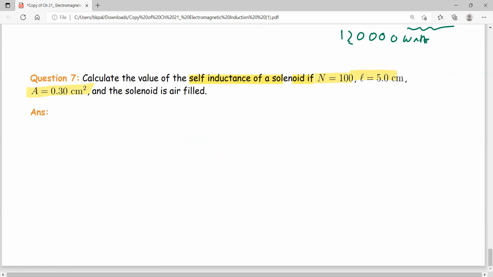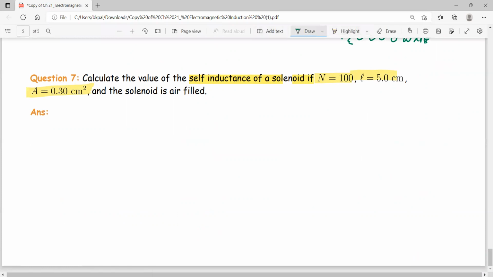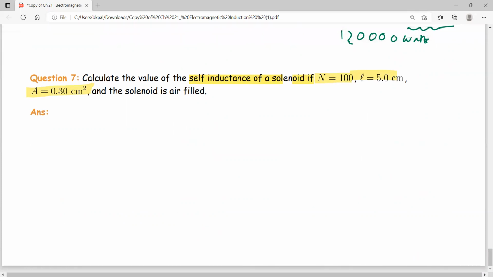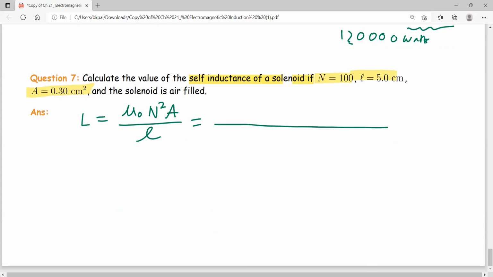We already derived this kind of problem, and for a solenoid the self inductance is equal to this. Now everything is given, so if you plug in these values, you get your result immediately.